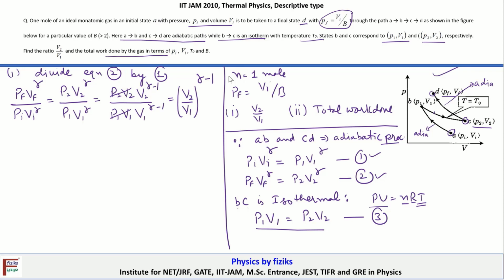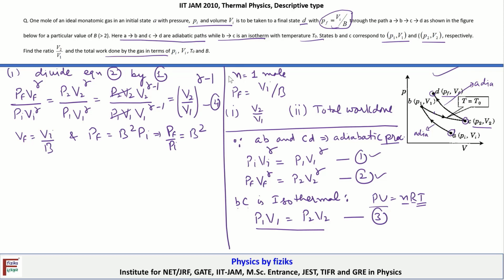Let's call this equation 4. Now we are given that VF is equal to VI divided by V, so it's given here. And also PF is equal to V square PI, which implies PF upon PI is equal to V square.